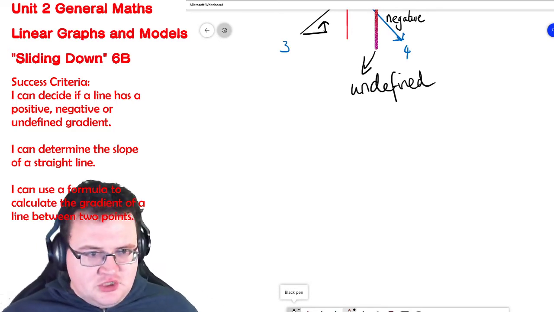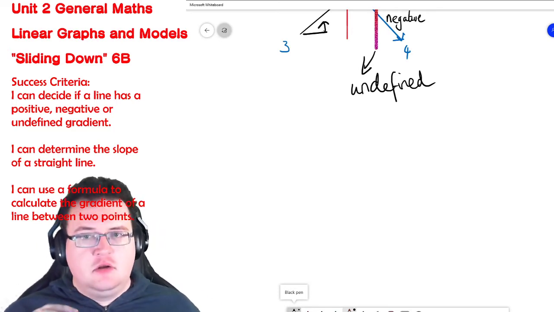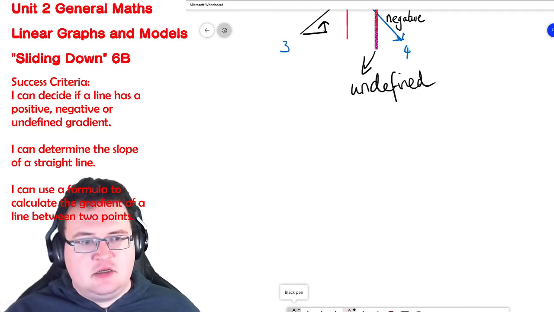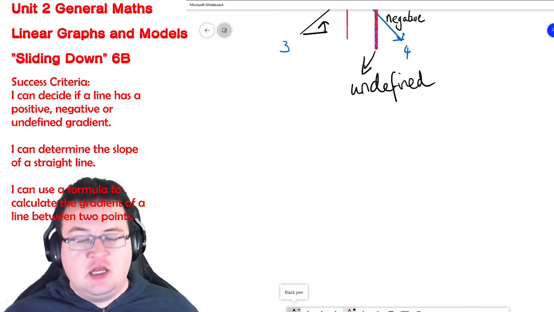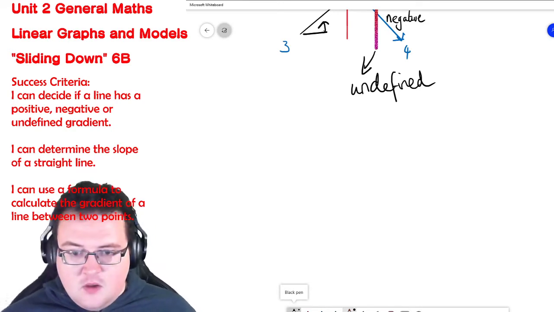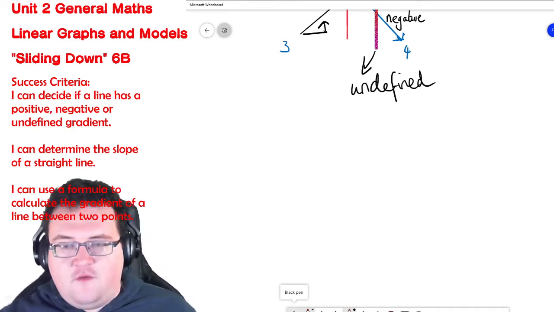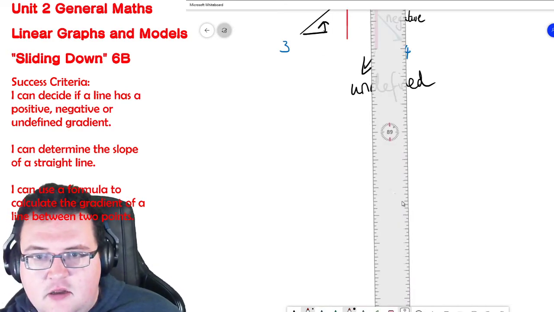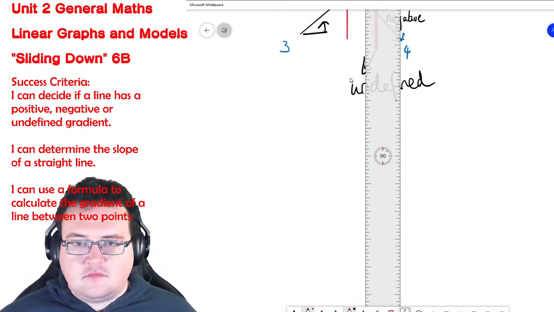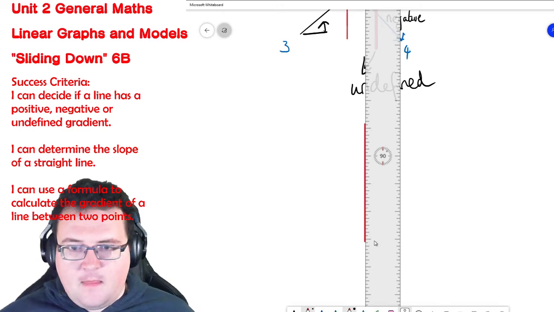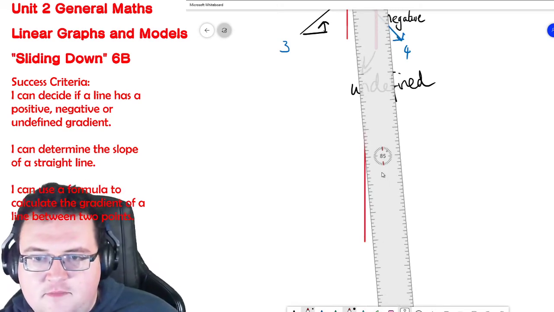It's literally written there in the equation. The number that's attached to the x, as in the coefficient of x, is related to the gradient of that line.